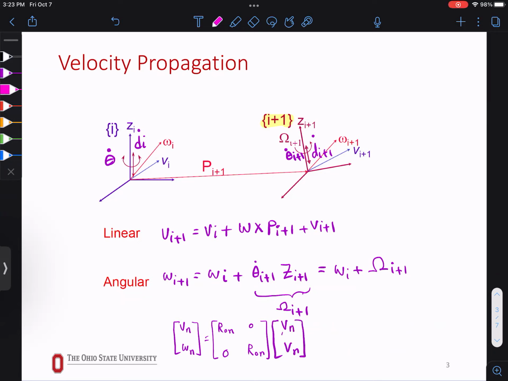So I'm going to put n here, and here's 0. So if you wanted to find that velocity in a different frame, all you have to do is find the rotation between those frames. Maybe you want to find the velocity of joint 3 in the position of joint 2. How does joint 2 see the end effector velocity moving? Why do we care about velocity at different places?